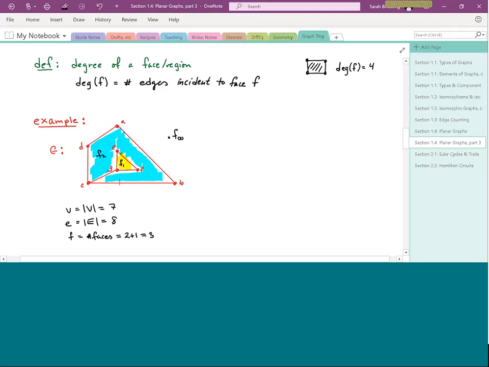All right, so the thing that we want to do here is an illustration of the degree of your faces. Suppose we did the degree of face 1. Anybody got a guess on the degree of face 1?